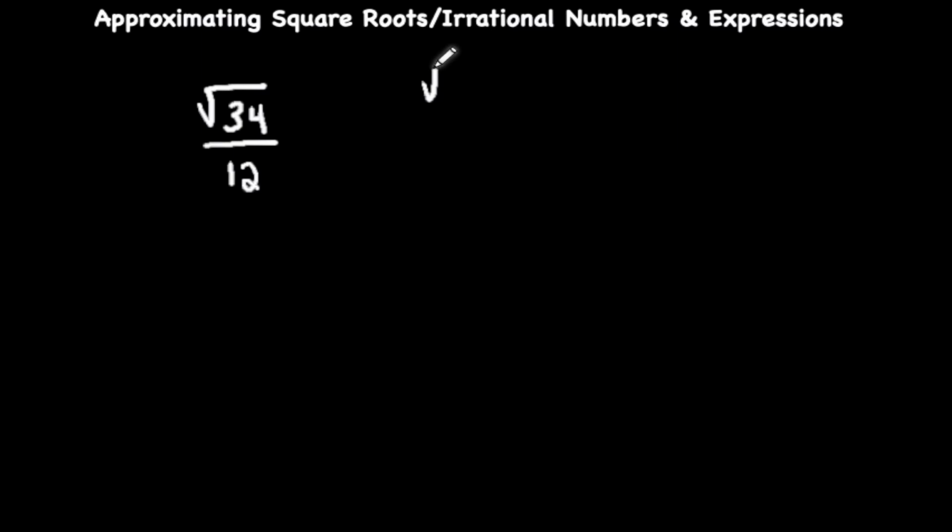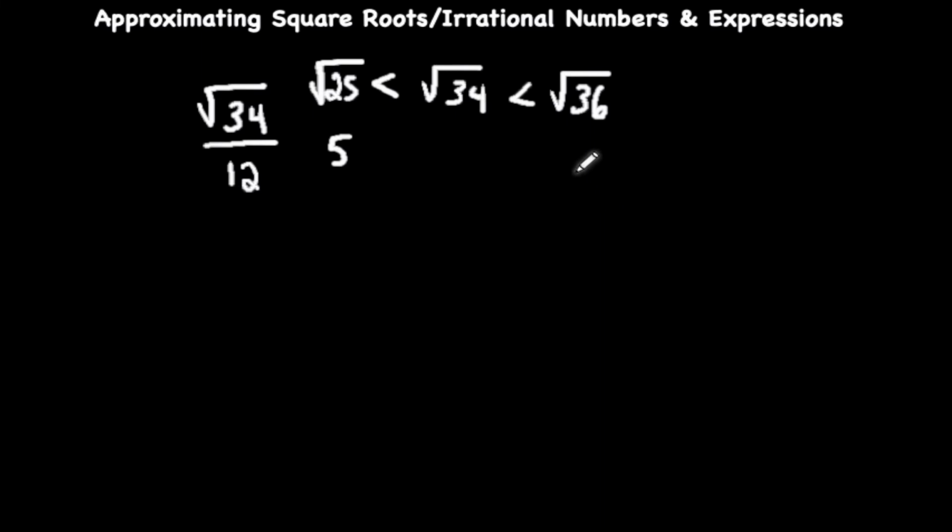You're going to take the square root of 34 and set that between a square root number that's larger and a square root number that's smaller. So you know the square root of 25 is 5, the square root of 36 is 6. So the square root of 34 is 5 point something.